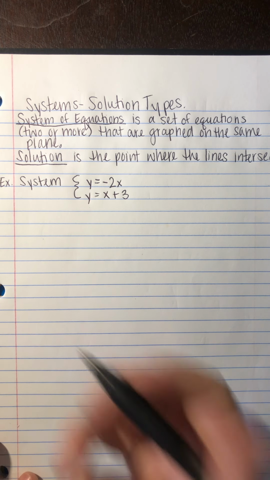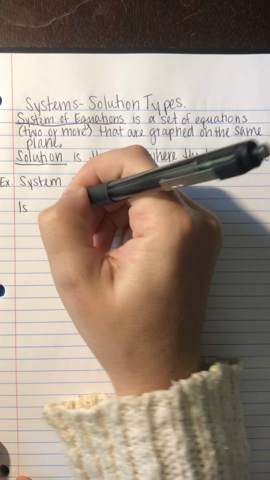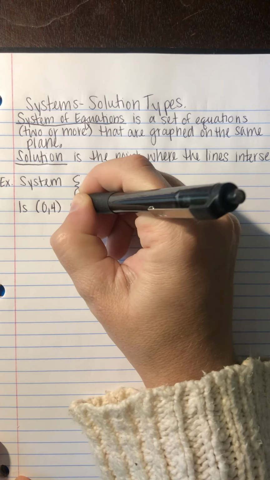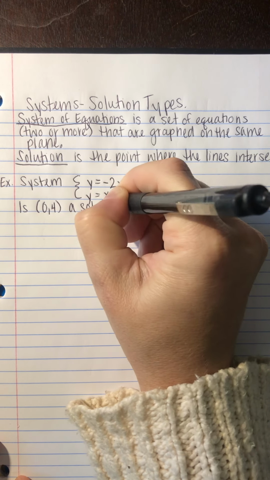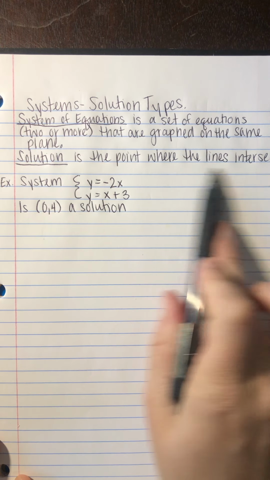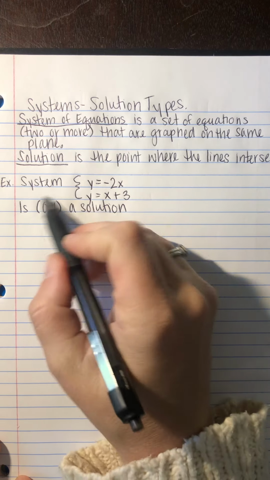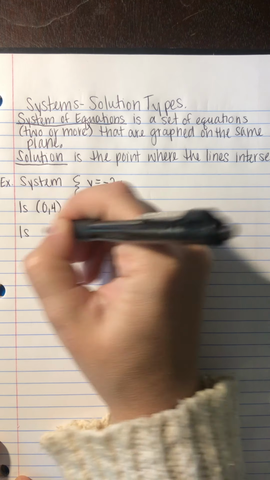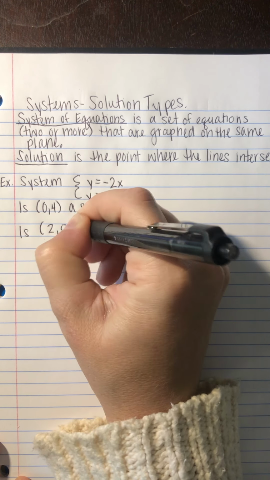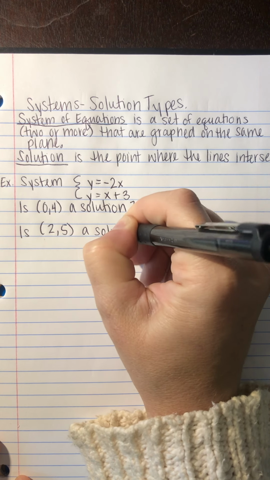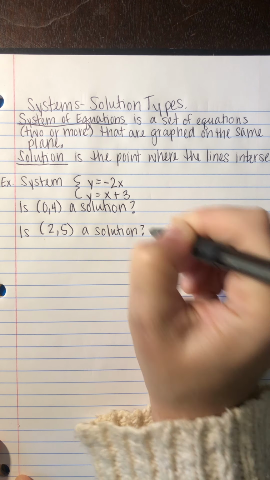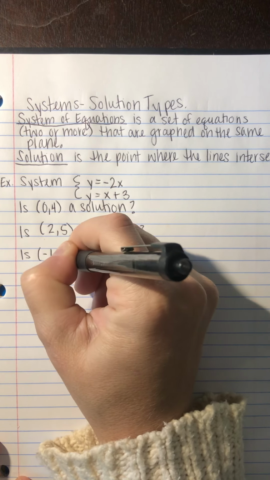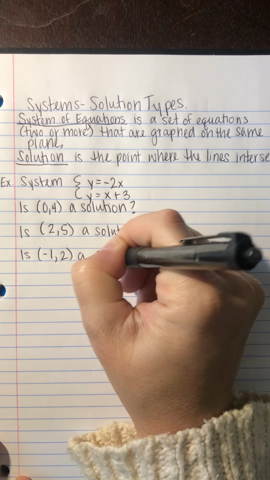Then it's going to ask you questions like this. It's going to say something like, is the point (0, 4) a solution? And remember, a solution is where those two lines intersect. It's that coordinate point. So is this one a solution? And then we're going to have, is (2, 5) a solution? And we're also going to look at, is (-1, 2) a solution?